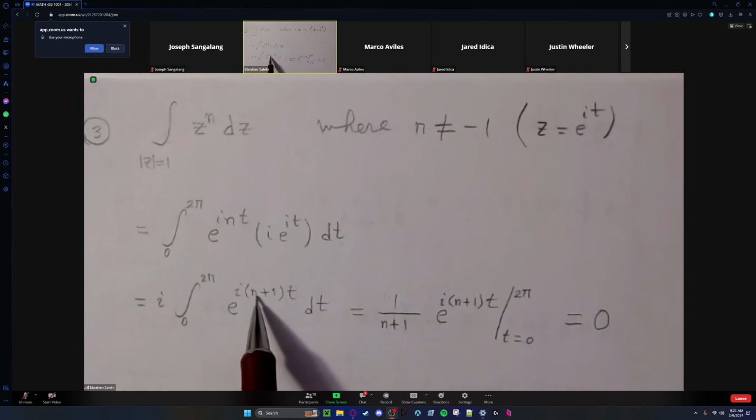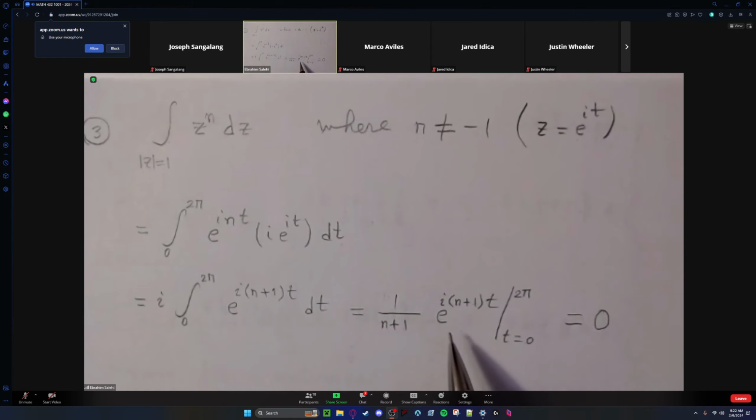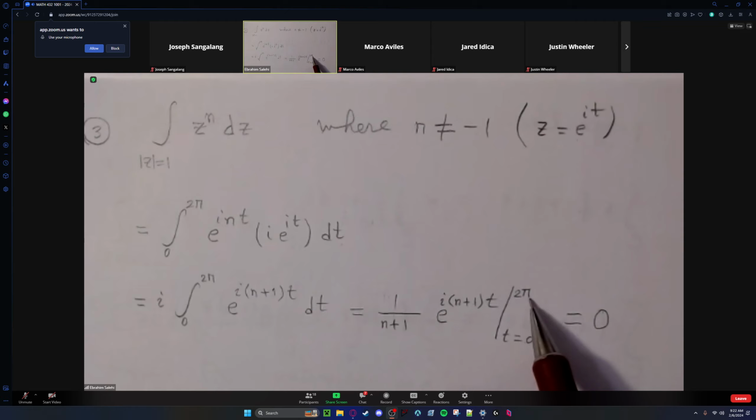I know that n is not -1, right? So this is not like 0. We already took care of -1. Now, the antiderivative here is right. So it goes from 0 to 2 pi. If you plug in 0, you get 1. If you plug in 2 pi, again you get 1. So you get 0.